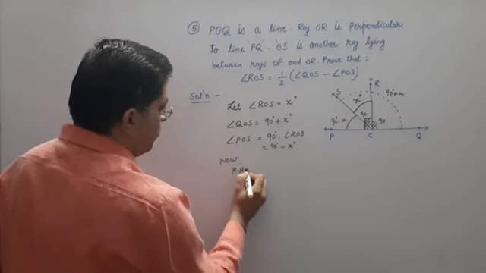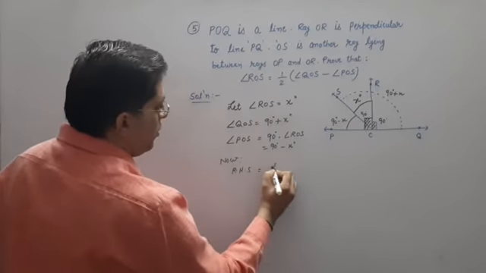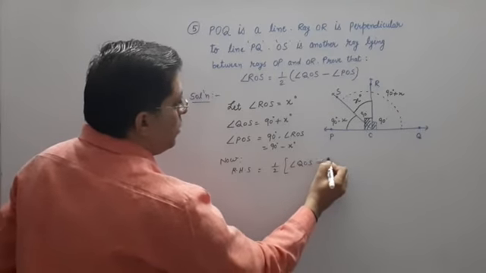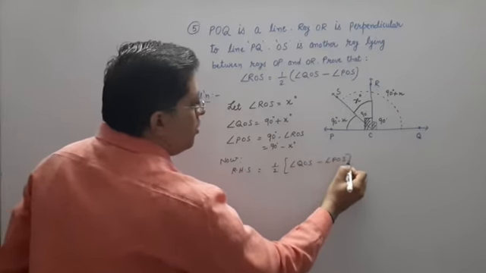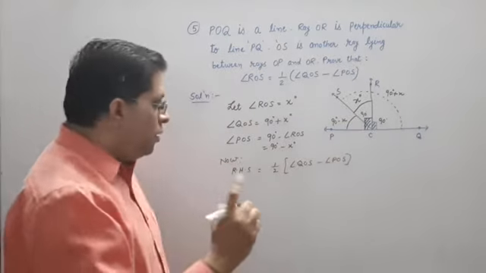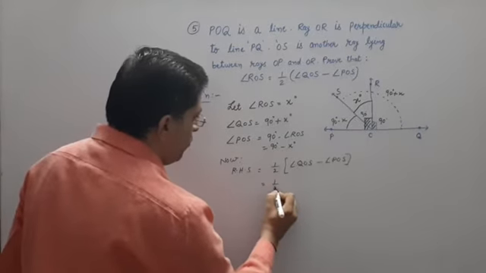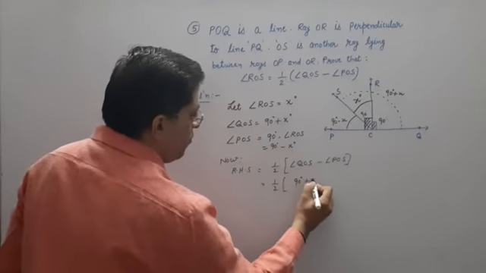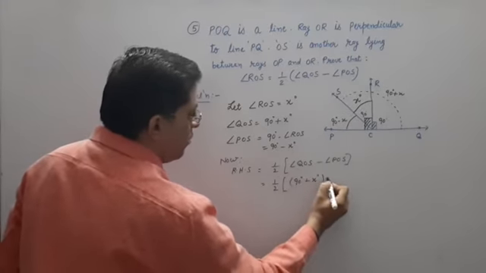Now take RHS. What is your RHS? Half of angle QOS minus angle POS. Now see, what is QOS? 90 degree plus x degree, put in bracket.